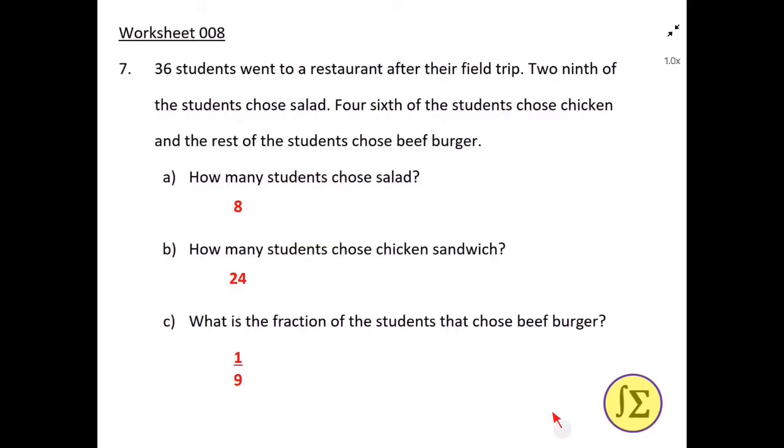Hope you got all the answers correct. If you have problems finding the answers to some of these questions, let me know in the comments section below.